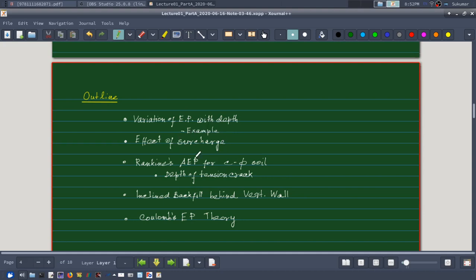Then, as we have already got the Rankine's earth pressure coefficient for c-phi soil, we will use that to find out something called the depth of tension crack, how the tension occurs. And then we will also study the earth pressure behind a vertical wall when the backfill surface is inclined at some angle with the horizontal.